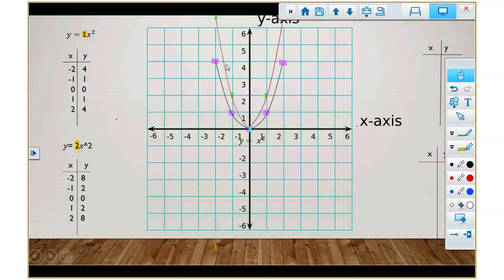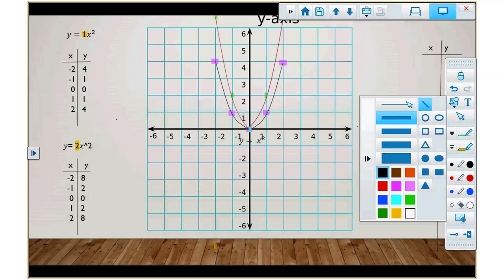It's more narrow. Now, the way you would say that, of course, you can't say narrow. You can't say skinny because that would make sense. So we have to think of a way to confuse people.